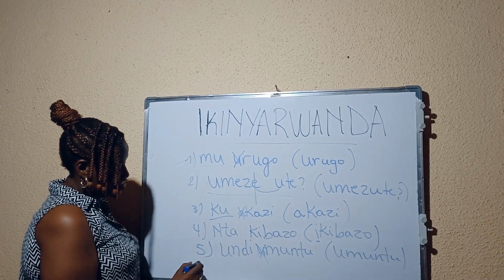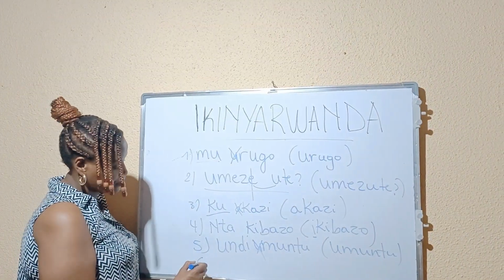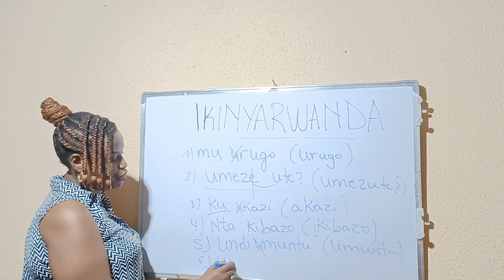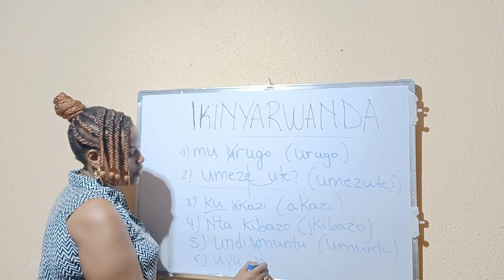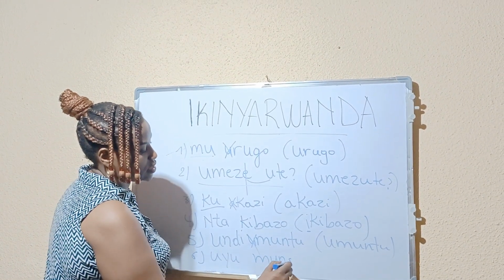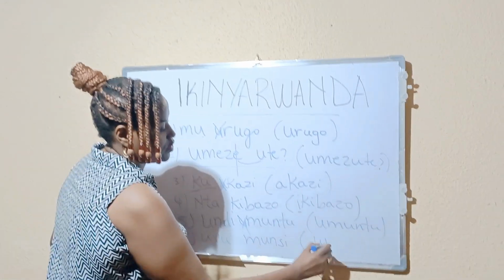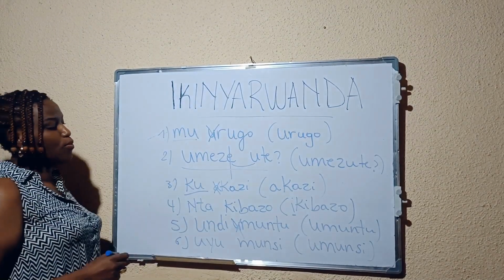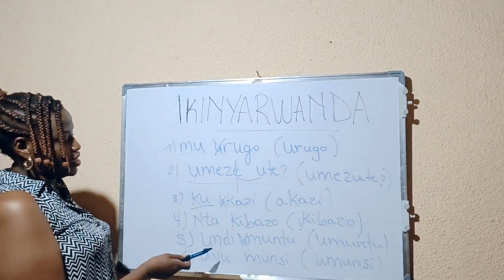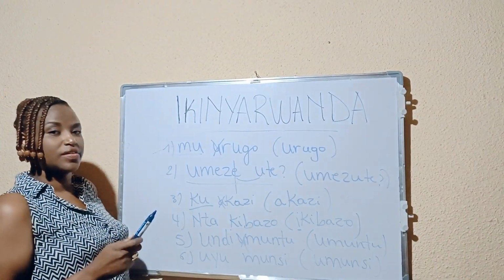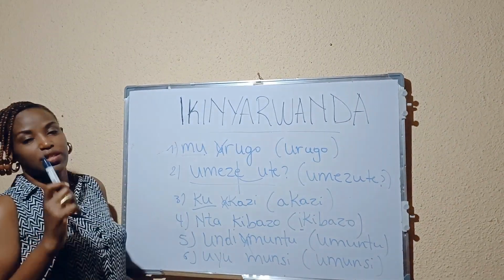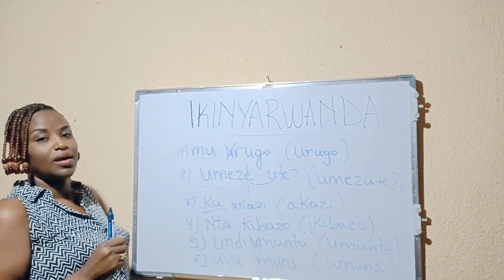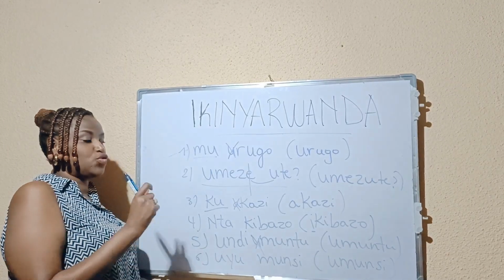Another one is when you use a demonstrative. Uyu munsi. The word is umunsi, a day. Uyu means this. Munsi is day. This day. But we use this as today.